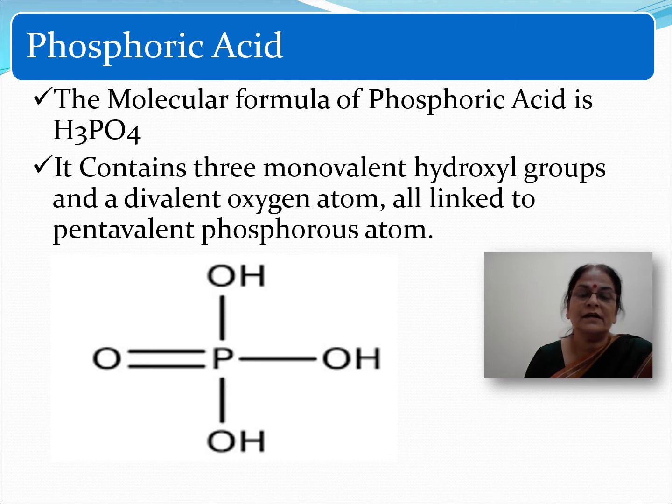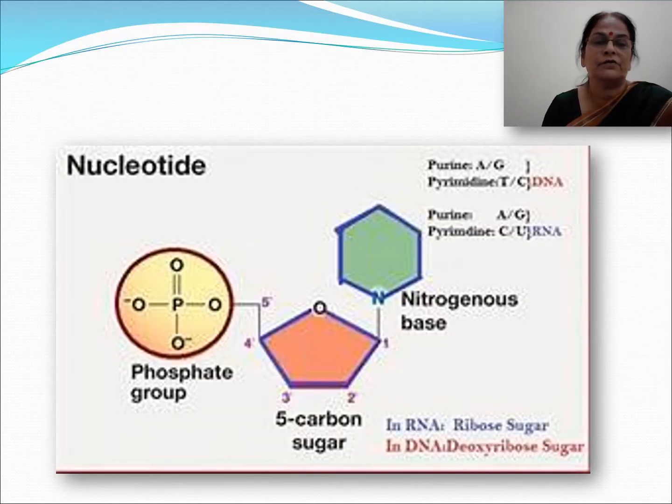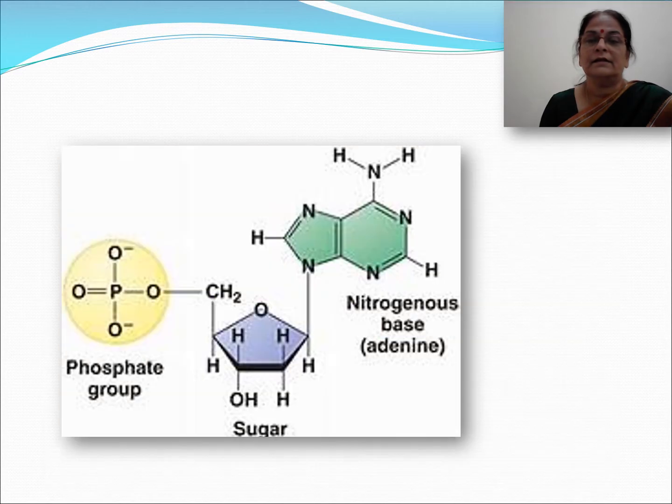And the carbon, as I said, third carbon of the sugar or fifth carbon of the sugar, contains phosphoric acid. Now this phosphate group, this is the structure of nucleotide. This phosphoric acid is at the fifth carbon and this first carbon is joined to the third carbon of pyrimidine. This is purine.